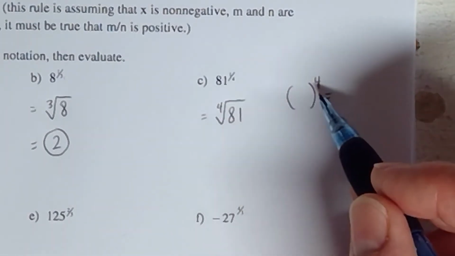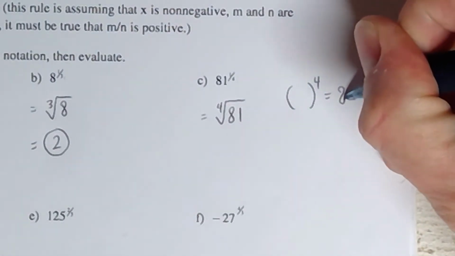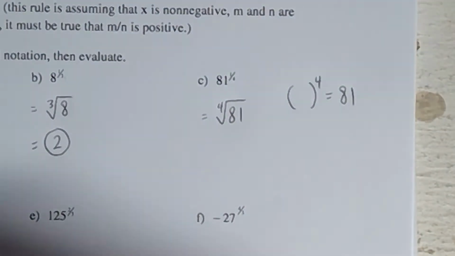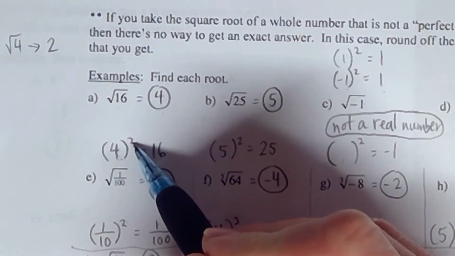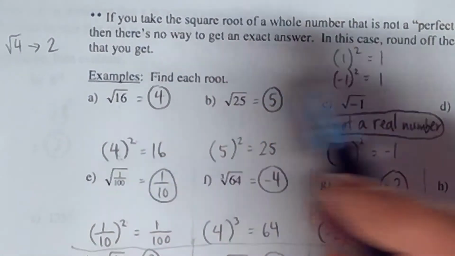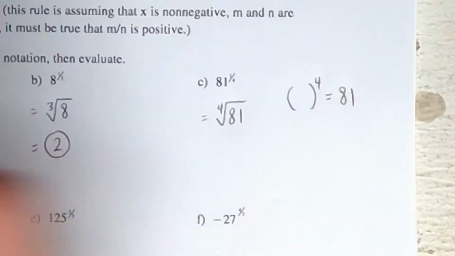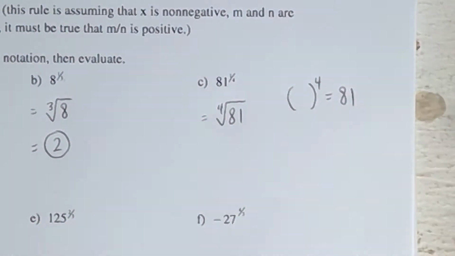4th root means you're figuring out what is taken to the 4th power to equal, in this case, 81, because 81 is underneath the radical. So you can see it's the same thing as it was before. It's just that now the exponent outside the bracket is a 4 instead of a 2 because it's a 4th root instead of a square root. So what positive number is taken to the 4th power to equal 81?